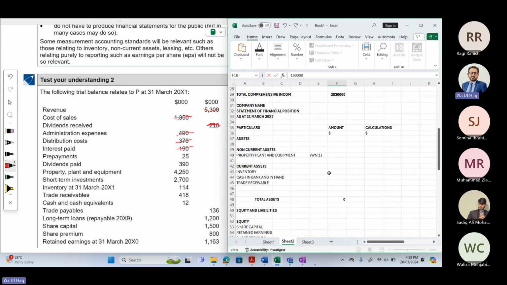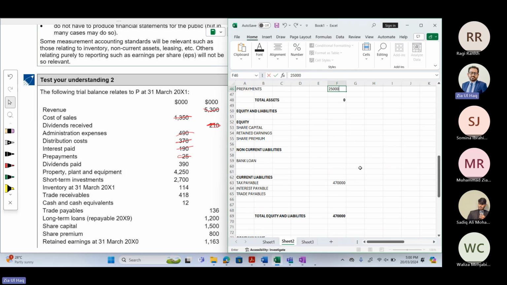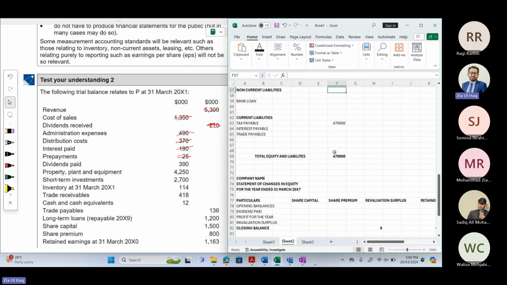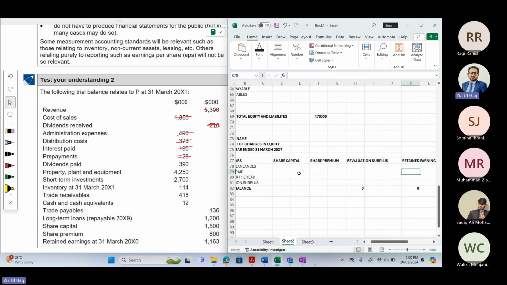Current assets, prepayments. How much is that? 25,000. We've done this. And then dividend paid 390,000. Where? Statement of changes in equity. 390,000 dividend paid.